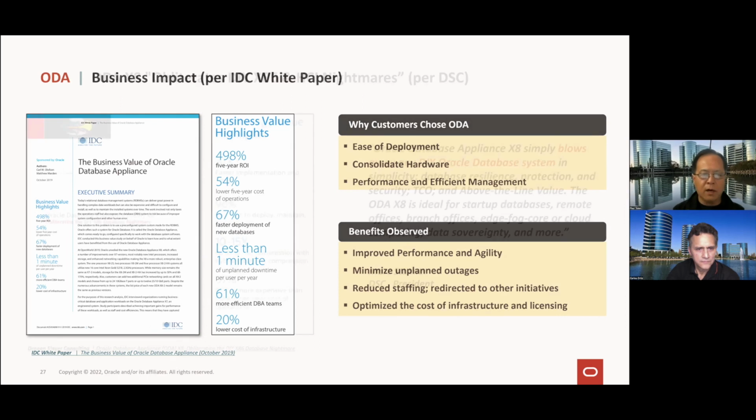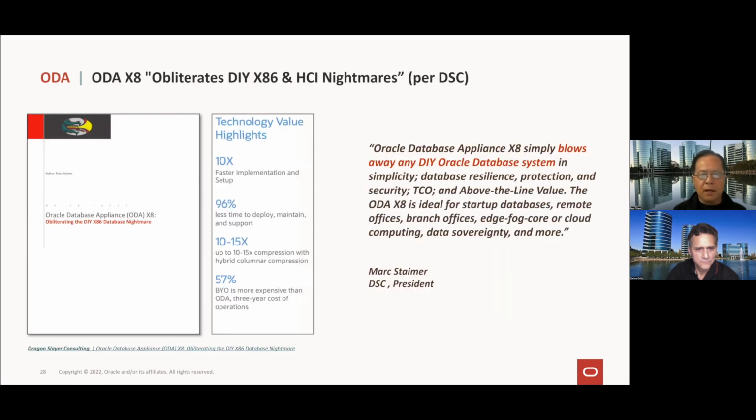And this next one talks about the Oracle Database Appliance versus do-it-yourself x86 infrastructure. Again, they really prove what we talked about, how easy and how fast you can implement your Oracle Database on Oracle Database Appliance. So again, this is also a third-party independent analyst report.